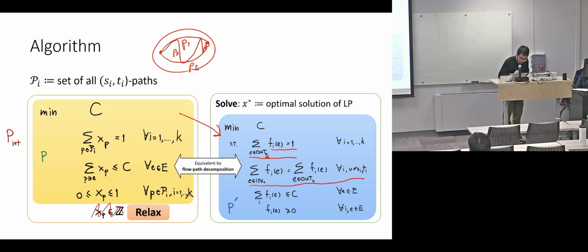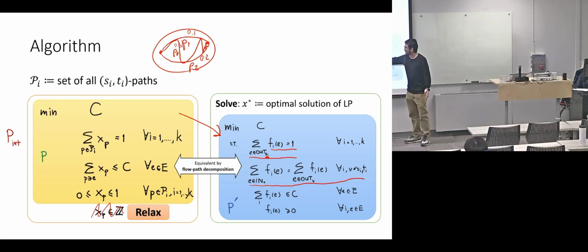One is value 0.1, one is value 0.2, another one is value 0.3. If you sum up the value of this path, it just gives you the flow. You can assign the value of f_i just by summing the value of the path on each edge.